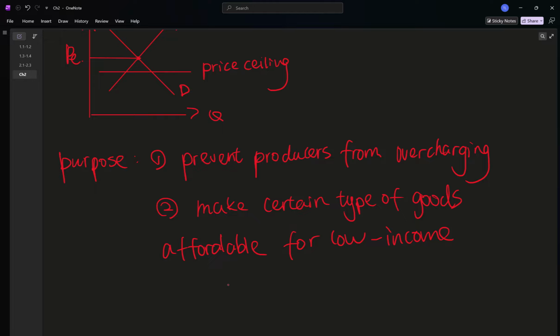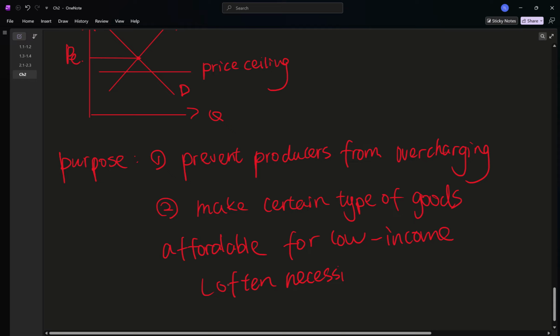This type of good is often a necessity. The government wants to ensure that everyone can afford necessities so they can survive in this society. This is why they set a price for necessities so that the price will not go that high and everyone can enjoy them. These two are the main purposes.